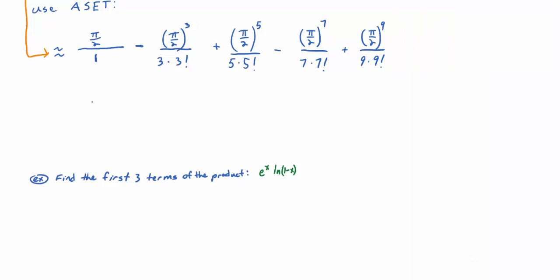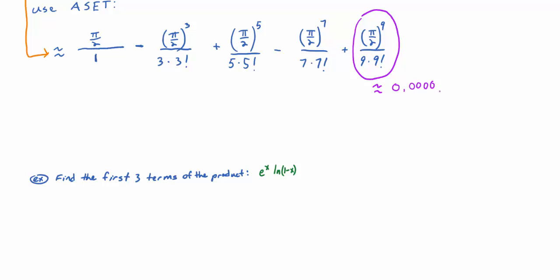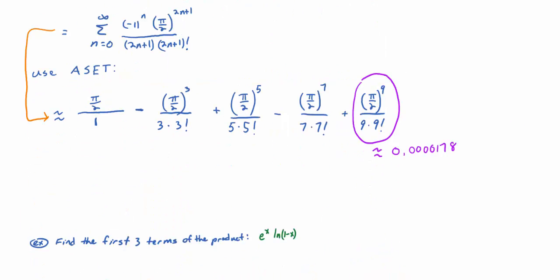Okay, so we can say that this term is approximately, 1, 2, 3, 4 zeros, then was it 178? Do I have that right? Yeah. And that's less than, I said it had to be 0.0001. So that's what you verify.